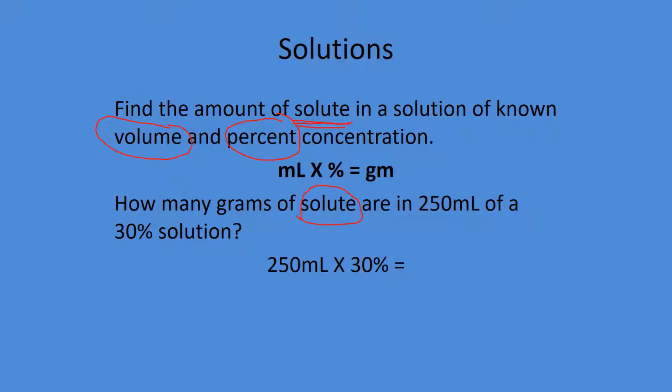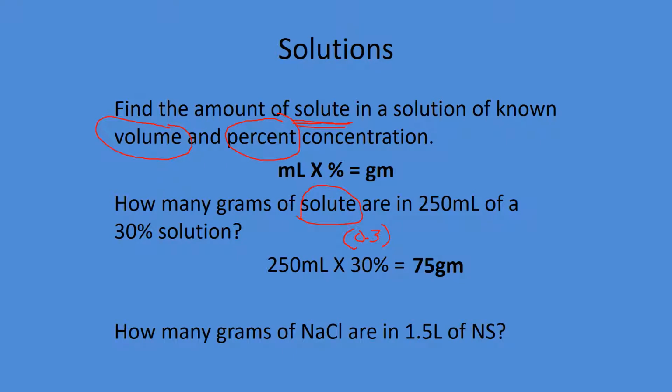Take the 250 mLs and multiply it by the percentage. You can use your percent sign, or convert the percentage into a decimal. Crunch the numbers, and you should end up with 75 grams. So within 250 mLs of this 30% solution, you would expect to have 75 grams of dissolved solute.